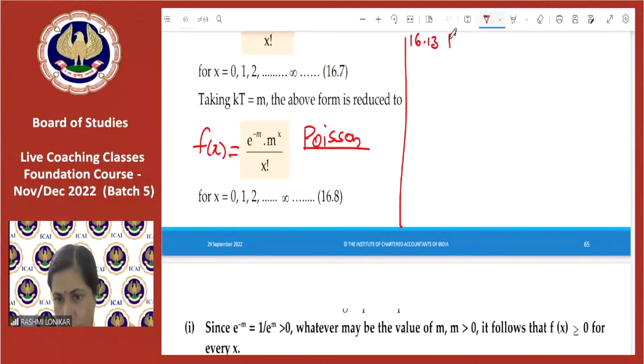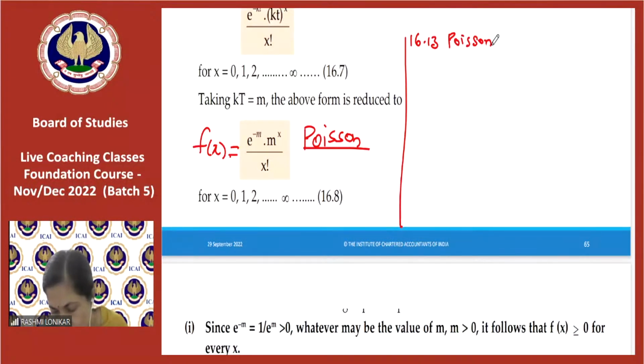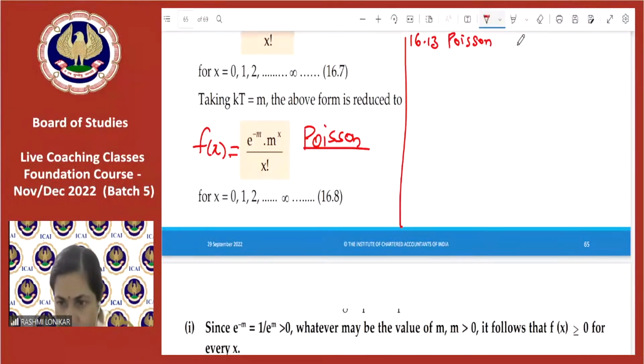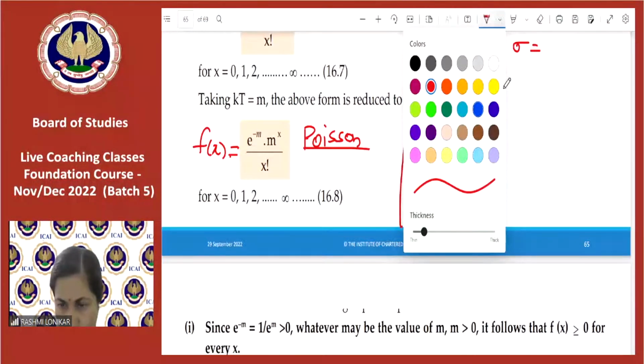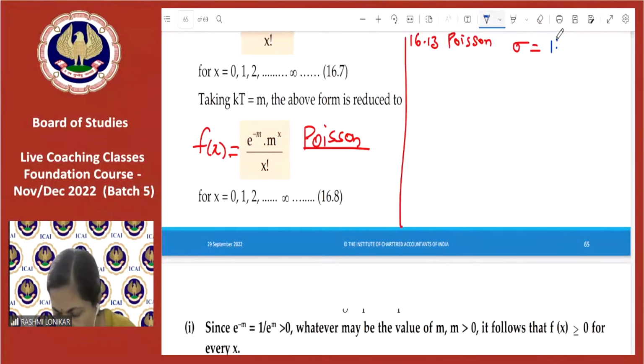This is the Poisson sum. Please don't get confused. This is not a normal sum. This is a question related to Poisson. They are saying the standard deviation is equal to 1.732.